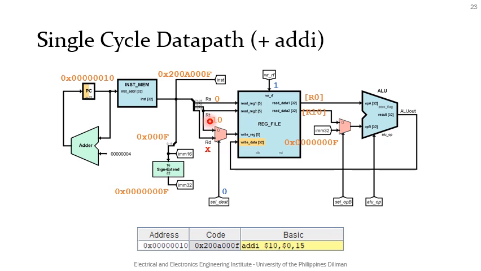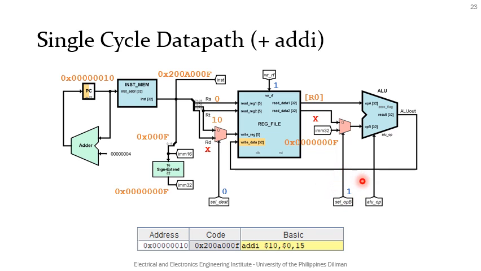Note that even if the role of RT for add-I is the destination register, since the data path is hardwired to accept RT as the second read register number, then the contents of R10 will still be fetched, although its value will be considered as don't care for add-I instructions, as ALU op B will be set to select the sign extended immediate.